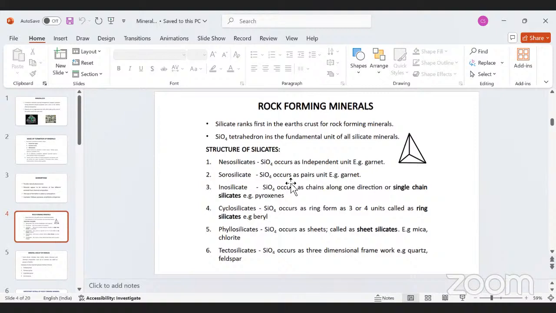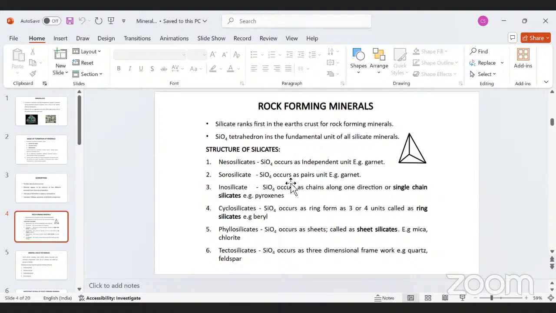For example, if you see forsterite, it is an olivine group mineral. Forsterite is Mg2SiO4.